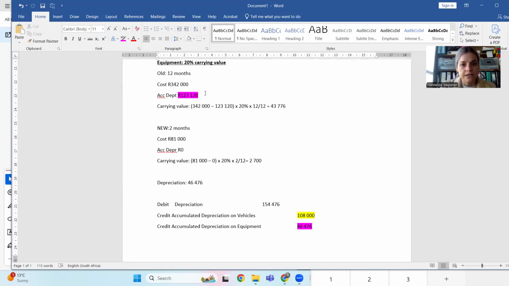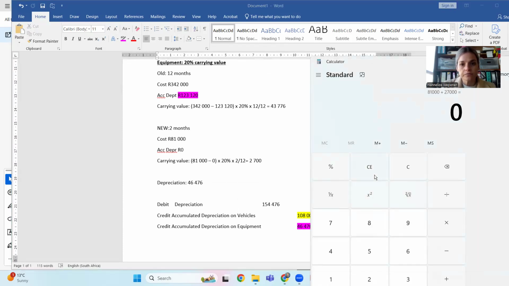And then also you'll see if you now add your 123,120, so your starting balance plus the current year's depreciation on those assets, it is still less than your cost. So you are still good. You do not now carry a negative asset, because obviously we're not allowed to do that.